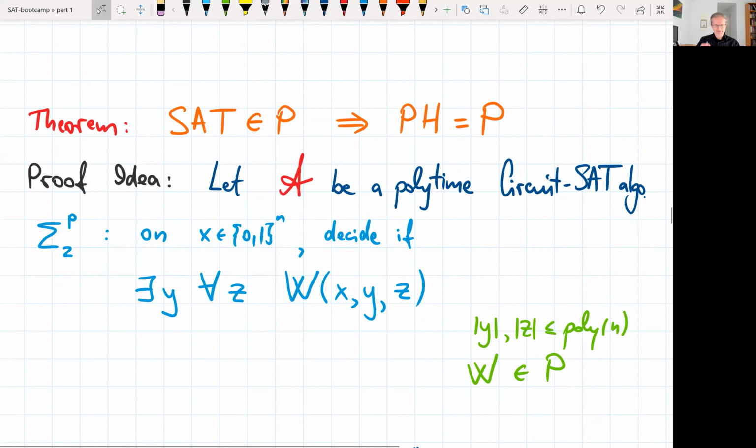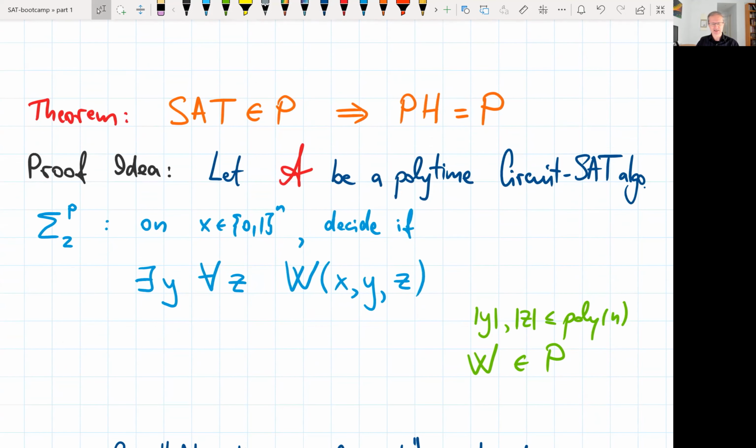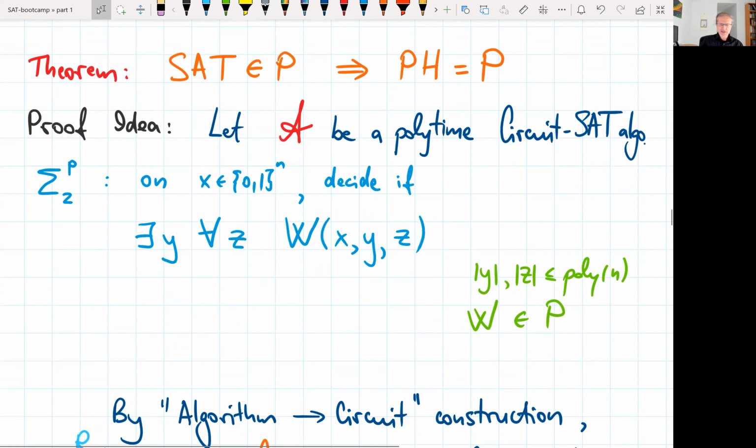A very interesting result in complexity, not very difficult, is to say that if I have a polynomial time algorithm for SAT, then I can eliminate these quantifiers from any PH formulation, any PH problem that I have in mind.